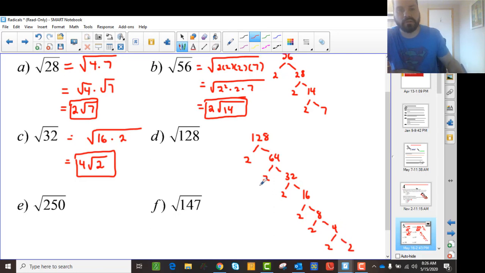So what we end up with is 2 times 2 times 2 times 2 times 2 times 2 times 2. And instead of writing all those out, you'll notice it's really just 1, 2, 3, 4, 5, 6, 7 2s. So I'm going to get 2 squared 3 times. That'll give me 6, right? And then times 2. And that means I get 2 times 2 times 2 square root of 2. And that gives me 8 root 2.